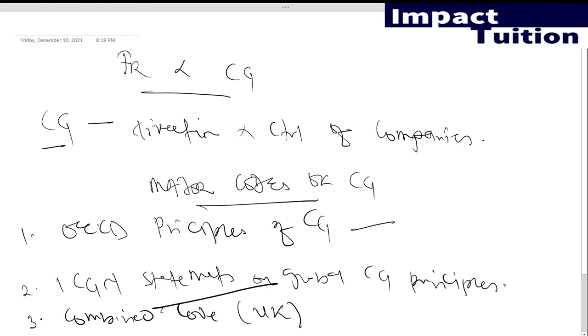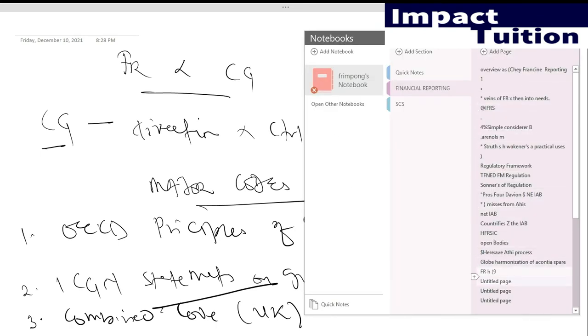The combined code covers many aspects of corporate governance, including the role of directors, chairman, and non-executive directors, effectiveness of the board, strategy and governance, remuneration of senior executives, accountability, corporate ethics, and then social responsibility. So these are major codes of corporate governance.